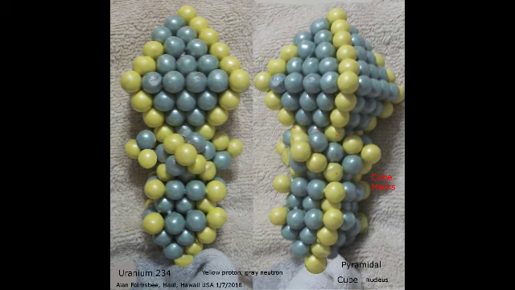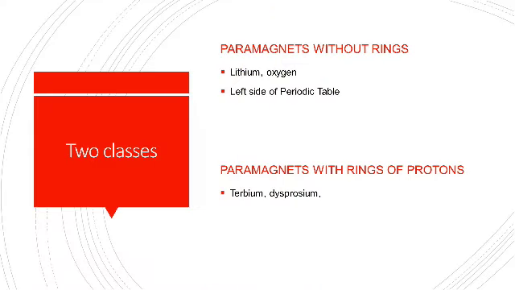Just adding 4 more protons to this shape, it goes from paramagnetic to a weak diamagnetic. So I don't have a complete explanation for that. I'm starting to work on the basics here. So now I'll just go back to a PowerPoint slide here and move along.